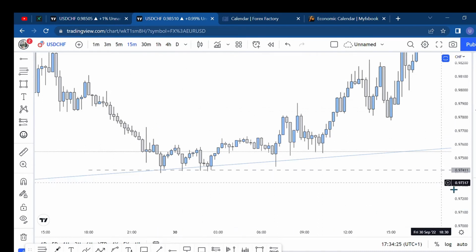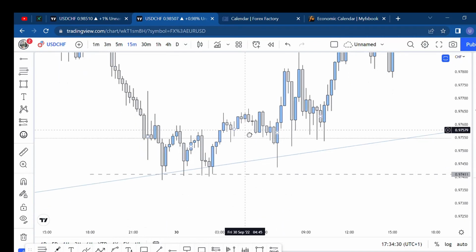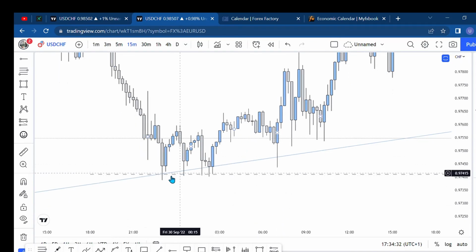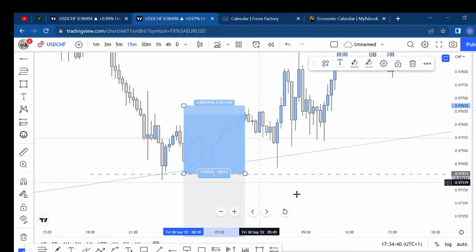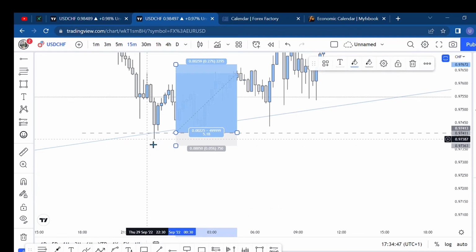So let's say after I marked out that week, I saw price came back to retest that same place. I then decide, though I did not take my entry so early, to take my entry from here, and my stop loss should be as tight as it could be. Should be below here, right?